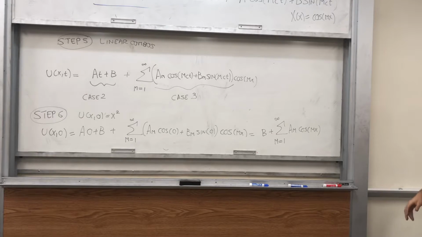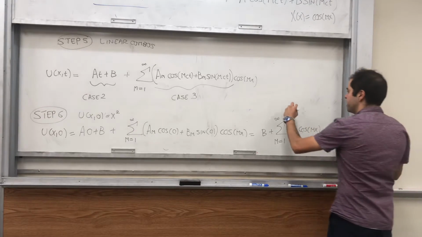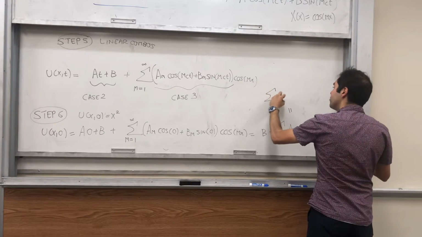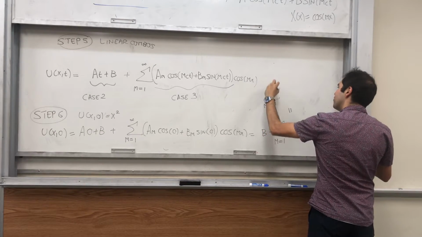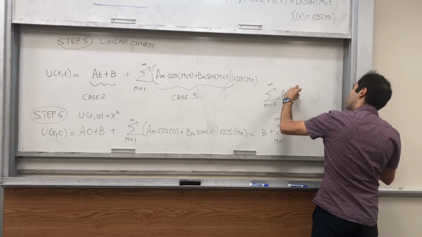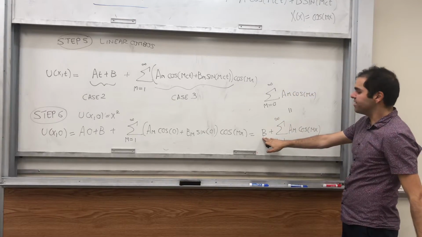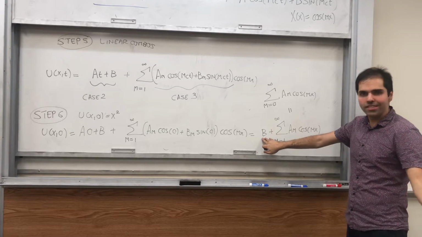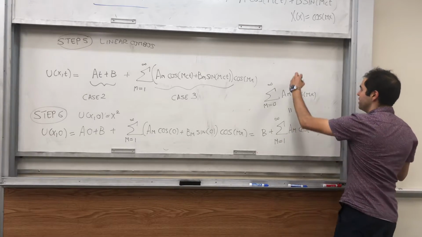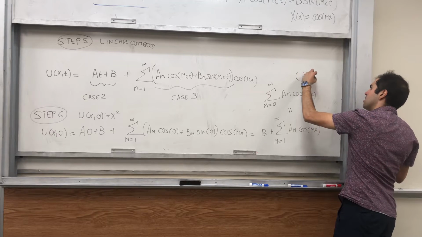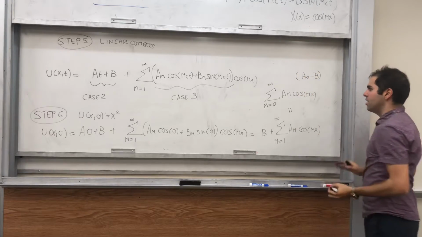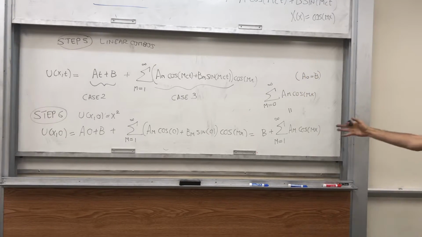Which, if you want, just becomes a cosine series. So you can actually rewrite this as a sum from 0 to infinity of a_m cosine of mx, where a_0 corresponds to cosine 0x, which is just b. And remember, what do you want this to be equal to?